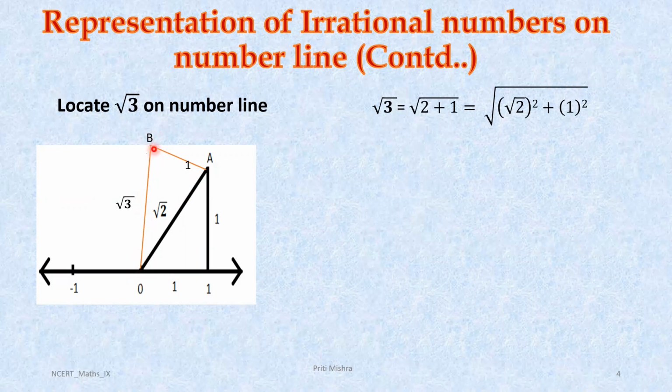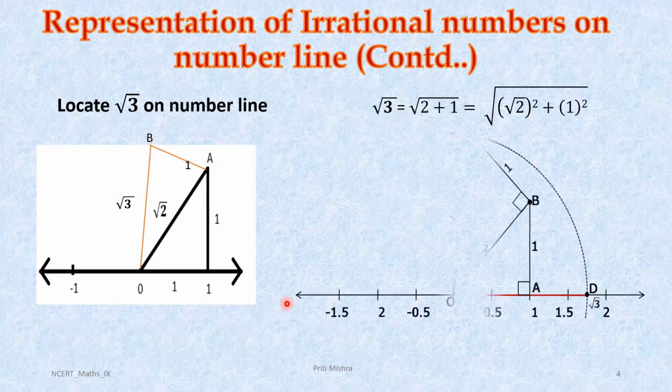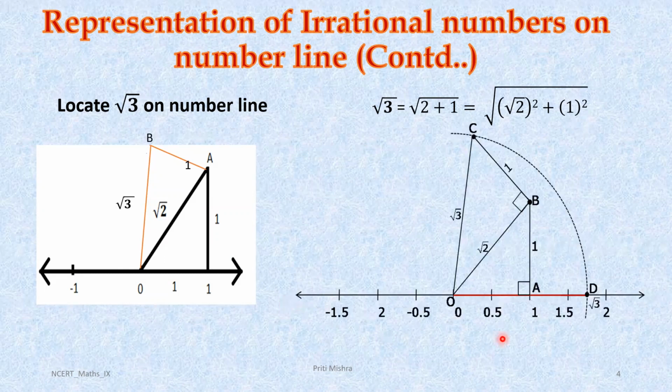Now we will measure this arc OB and draw this length on the number line. It gives us the length between 1.5 and 2. Between 1.5 and 2, we have square root 3. So OD is the length which gives us square root 3 on the number line. This is the representation of root 3 on the number line with the help of the Pythagoras theorem.